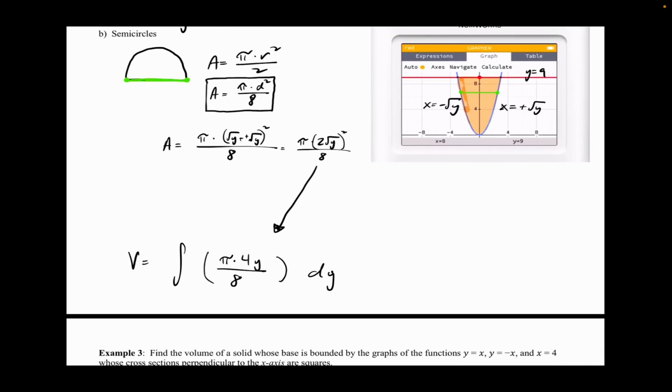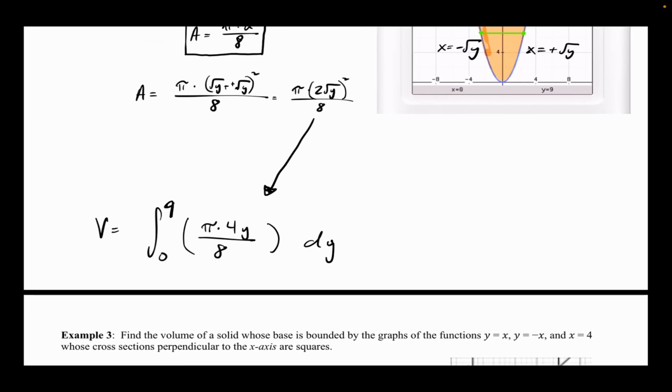Bounds are going to be exactly the same as the last one. Top bound is 9, bottom bound is 0. Plug it in. You can even simplify this. You can divide them both by 4, so you can put pi times y over 2.